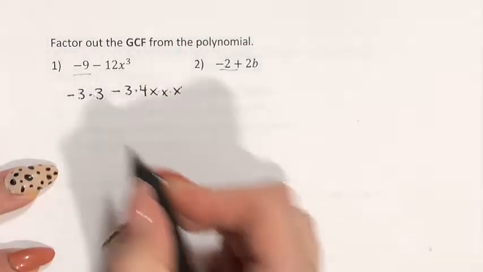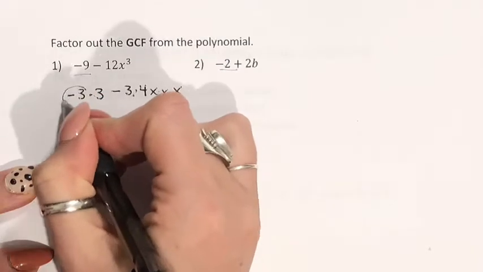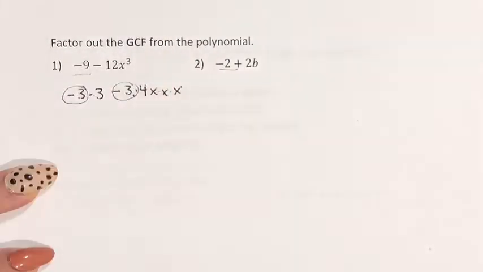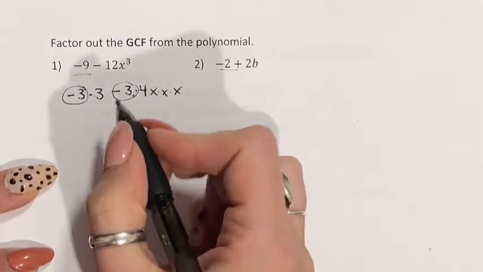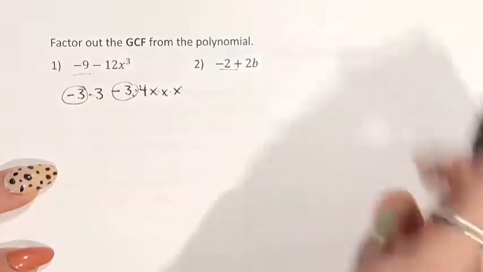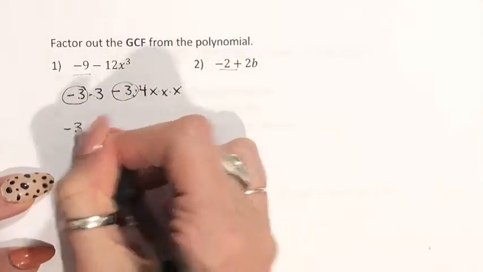Now we can find our greatest common factor. We see both of them have a 3 in it, but I want to take out that negative as well because we don't like the negative to be on that first term. And I can't take any x's away because our first term didn't have any to give up. So our greatest common factor is just going to be a -3.